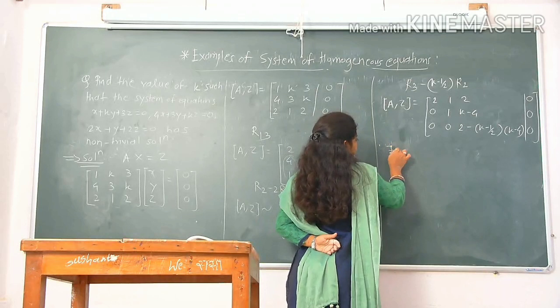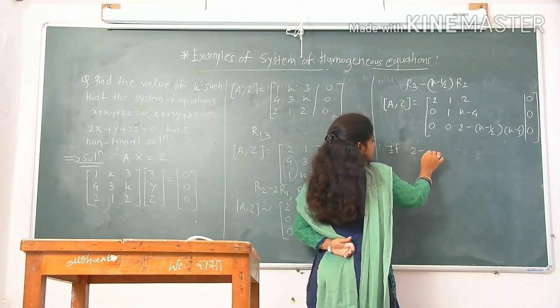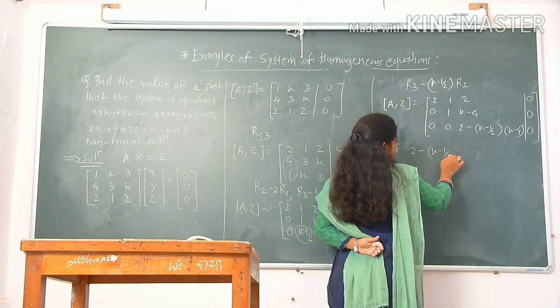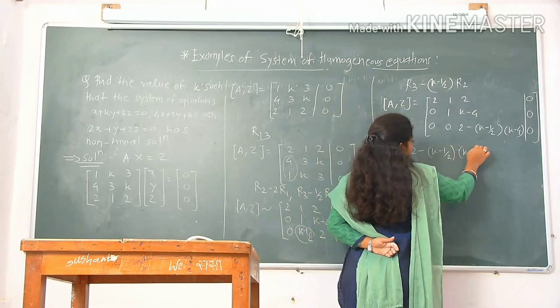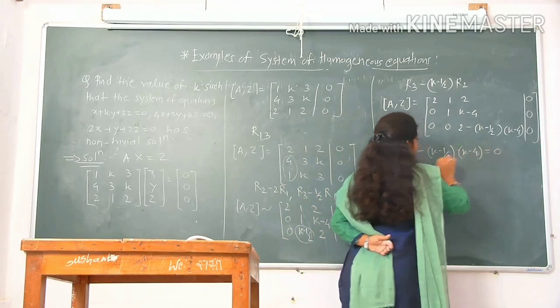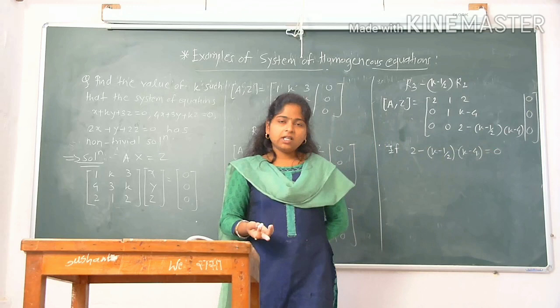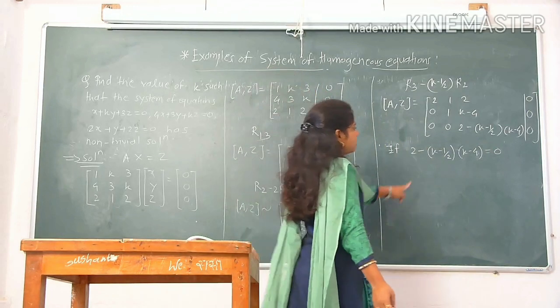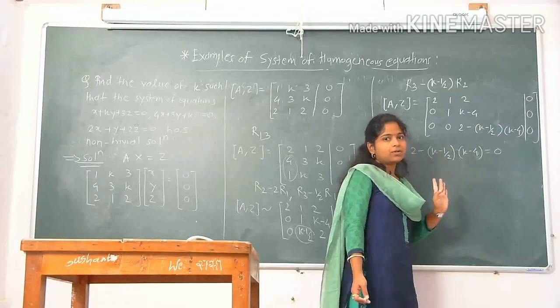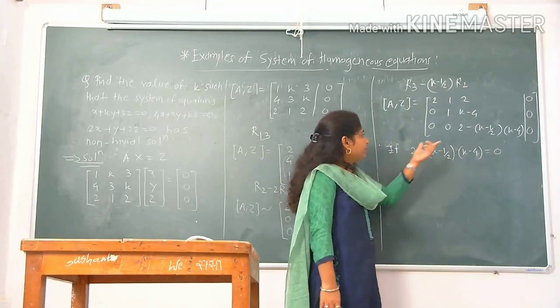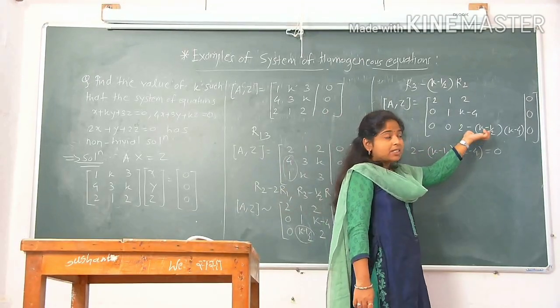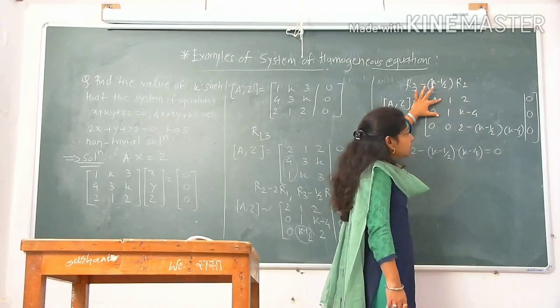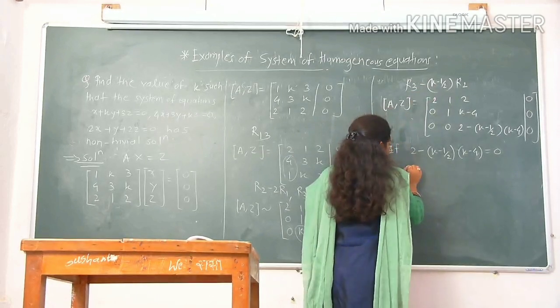If this element is 0, then the number of non-zero rows is equal to 2.